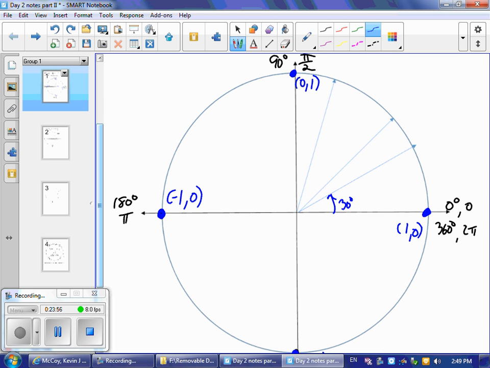And that's one of our special ones right there, 30 degrees. The next one is supposed to be 45 degrees. And then the last one, while it's not drawn very well, because it's way too far away, is supposed to be 60.